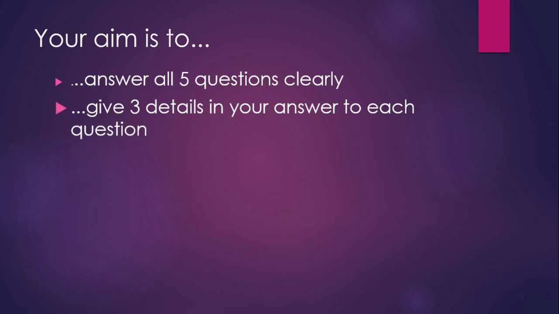You need to try to give 3 details in your answer to each question. That's not necessarily 3 sentences, but 3 pieces of information. And if you can't do it for all 5 questions, not a problem. Can you try to do it for at least 3 of the questions, for example? Can you give 3 details on 3 questions? Can you develop your answers as much as you possibly can?